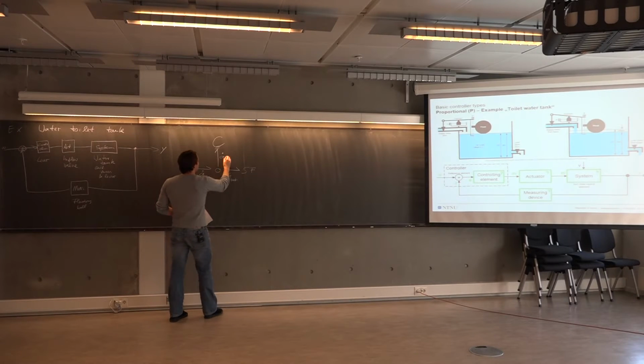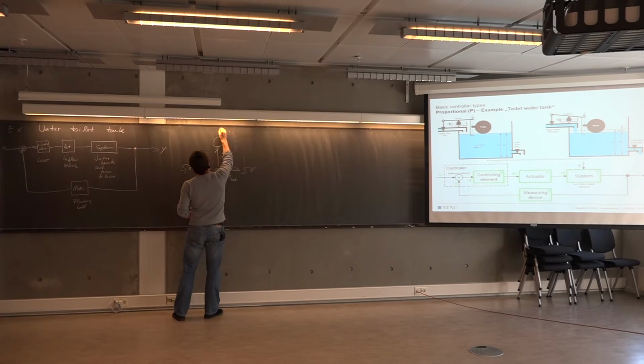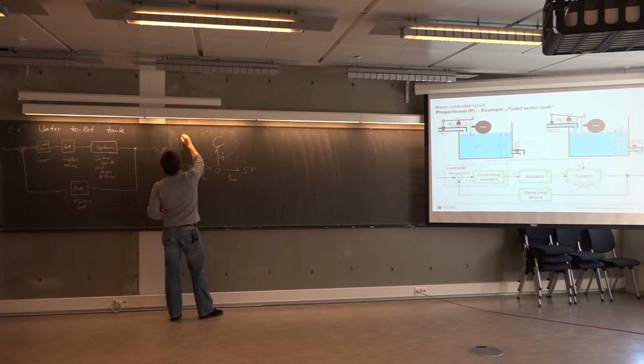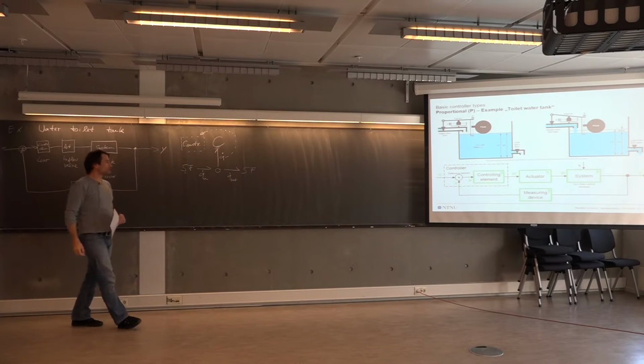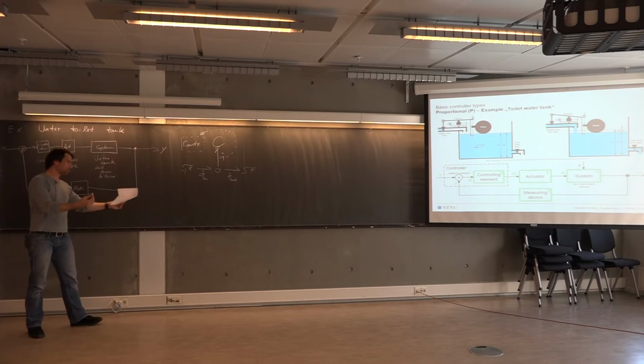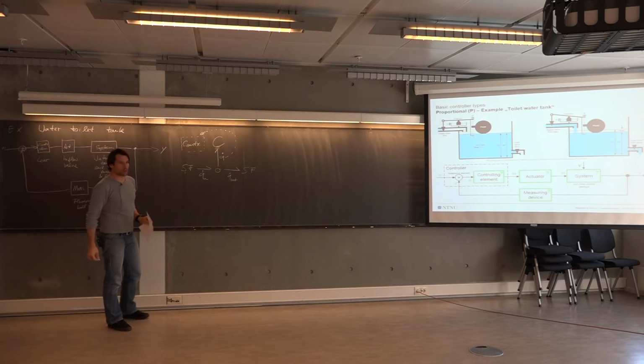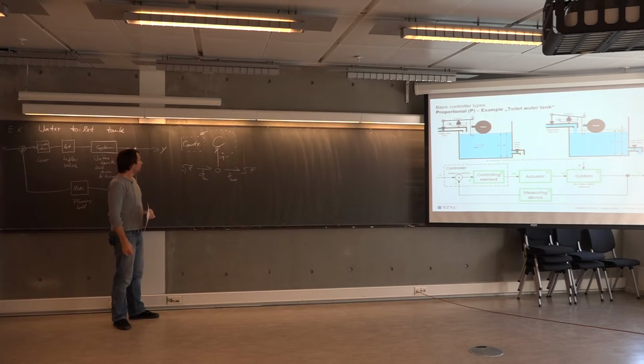We need to take that value and provide that value to some control element, which, to keep it simple, includes the actuator, the valve. And this controller outputs a certain flow rate.